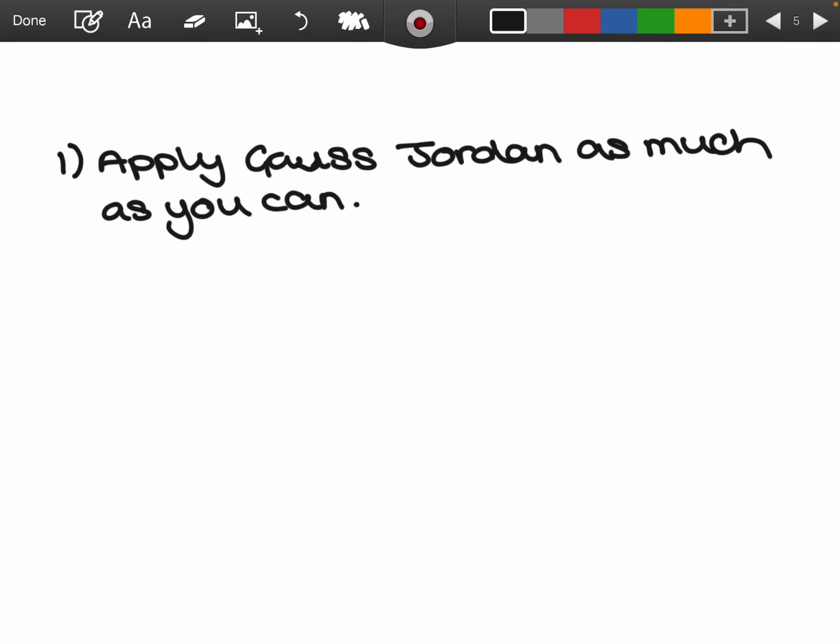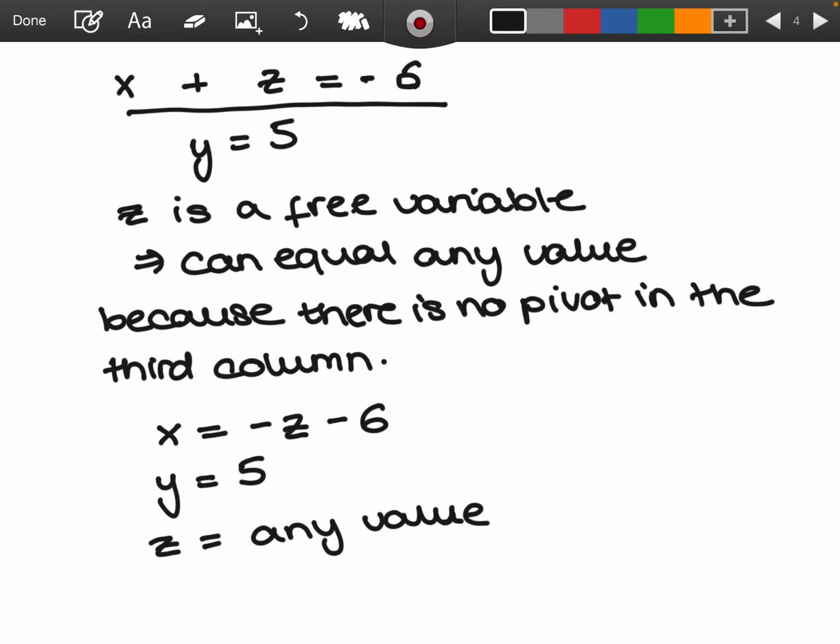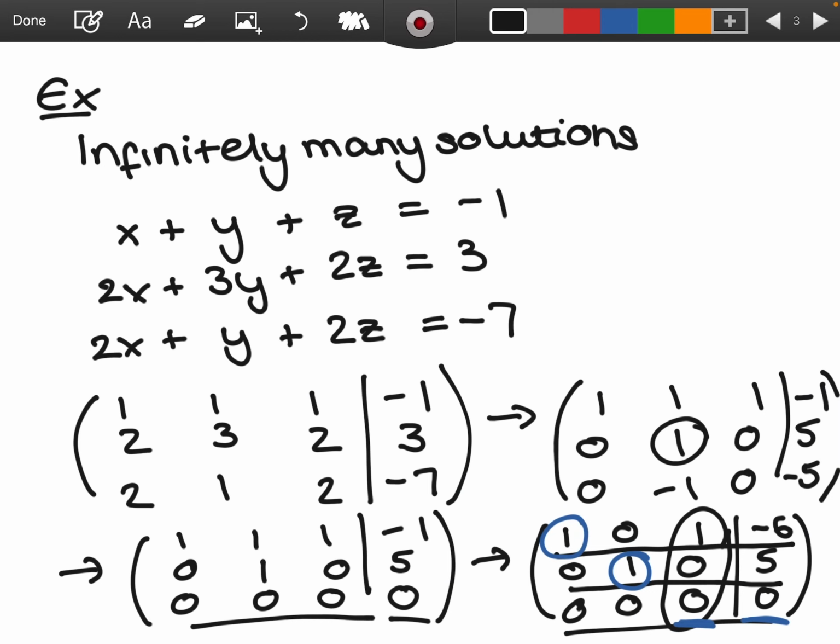So try and go through this as much as you possibly can. You may end up coming to a situation where you have to skip over a column because there is no particular pivot in that column, so you then have to go to the next column over in a particular row. So you're just going to carry on.